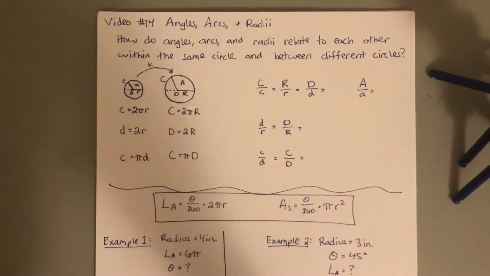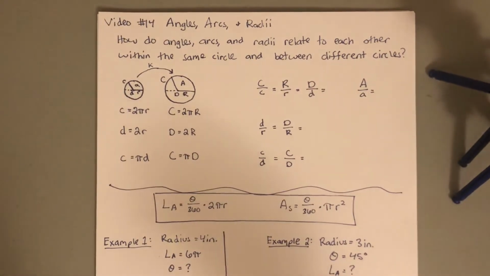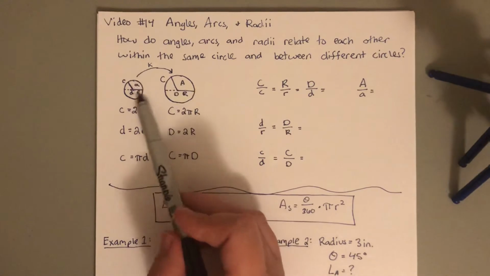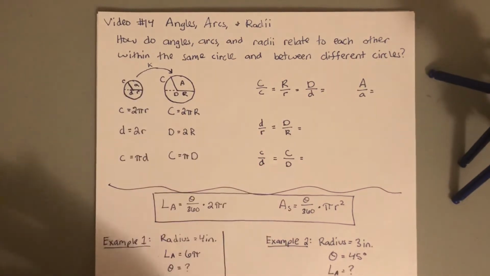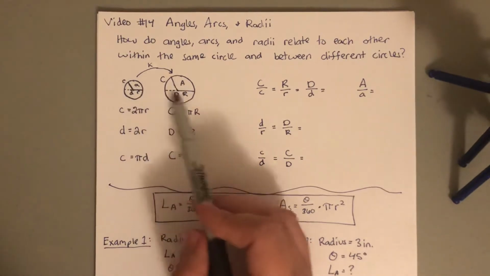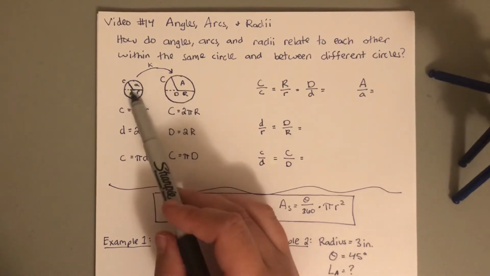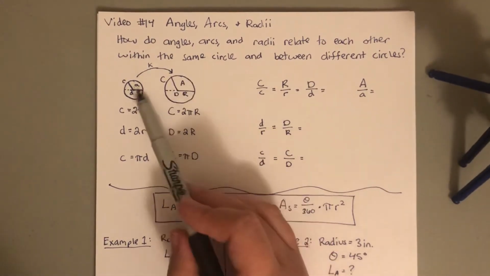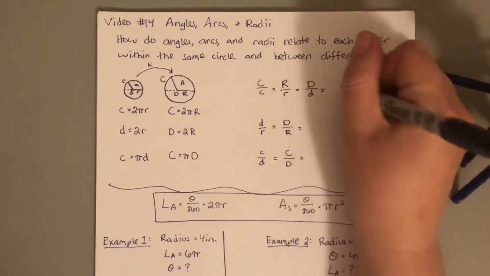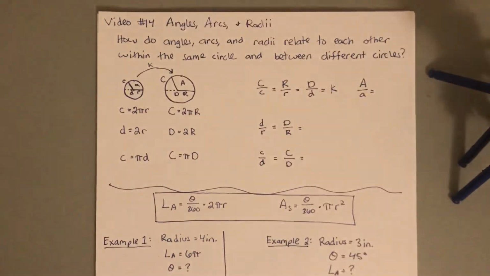So let's first consider the fact that if the scale factor is k, that means if you take these dimensions over here and divide them by over here, the ratio that you would get is k. So like the big C over little c, or the circumference of the big circle over the little circle, or this radius over that radius, or the big diameter over the little diameter, all is going to have a scale factor of k.